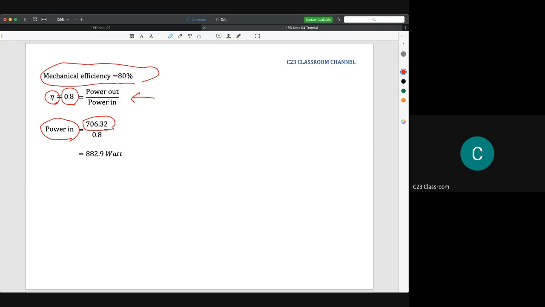It is around 882.9 watt. It means we need to supply 882 watt, because 706 watt will be used to transfer water until 18 meters high, and the last 20% will be used to overcome friction and so on.